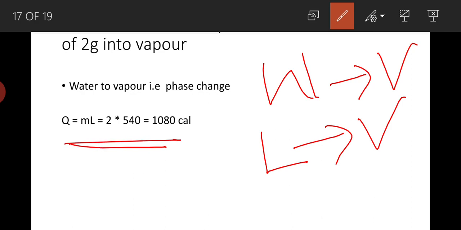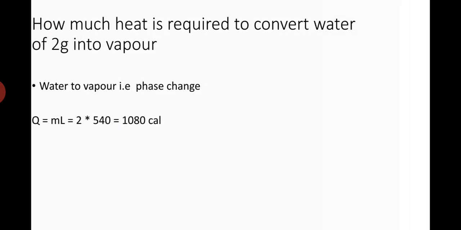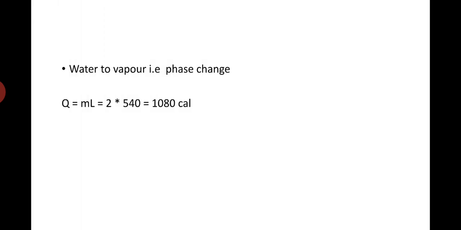In phase change, we apply the formula Q = mL. Mass is given as 2 grams and the L value for water is 540. 2 into 540, finally we get 1080 calories.